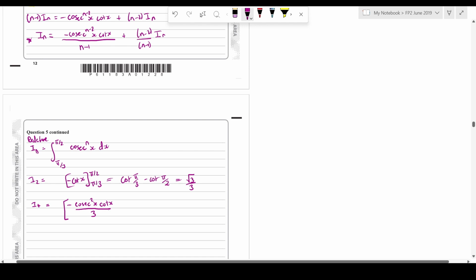That bit's going to be evaluated between the limits. Plus n minus 2, so that's going to be 2, n minus 1 is 3, times I2. So we'll have I4 is going to be equal to this thing, which we'll work out in a minute, plus 2/3 times root 3 over 3.